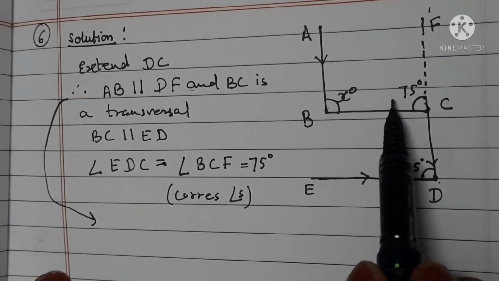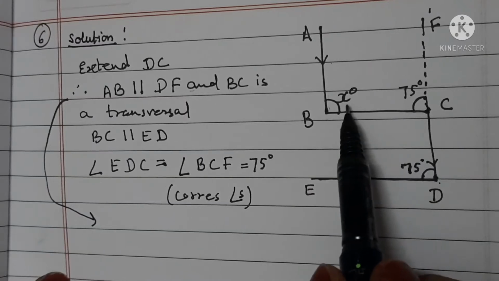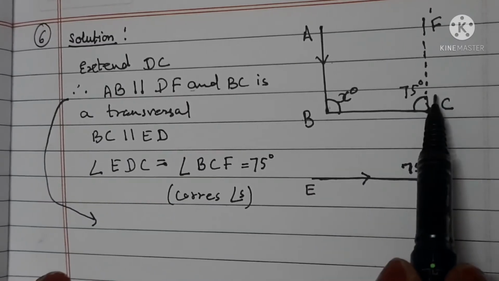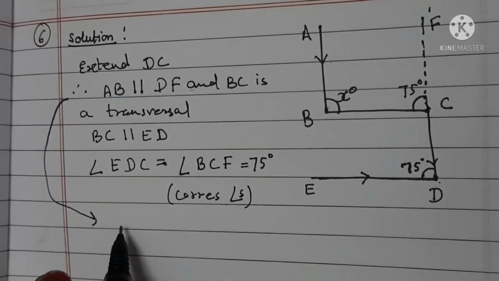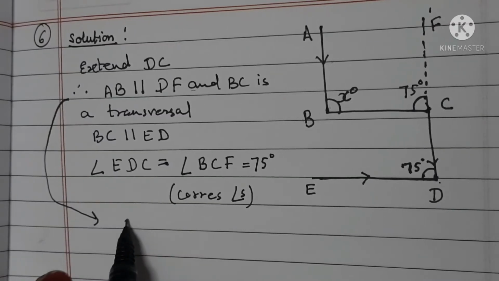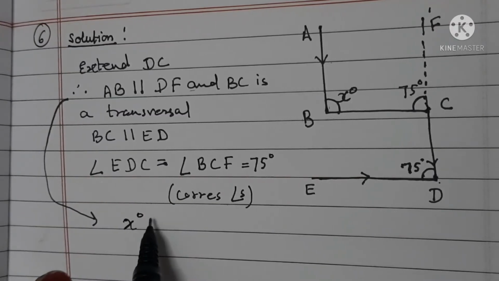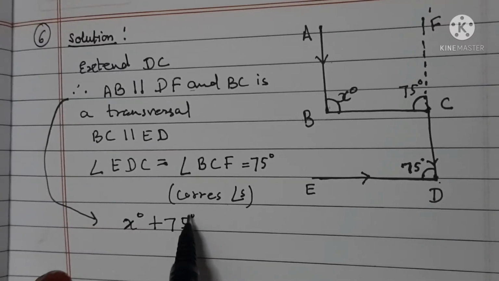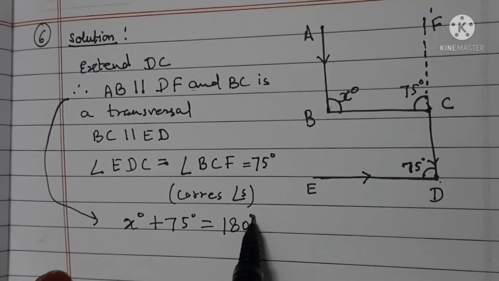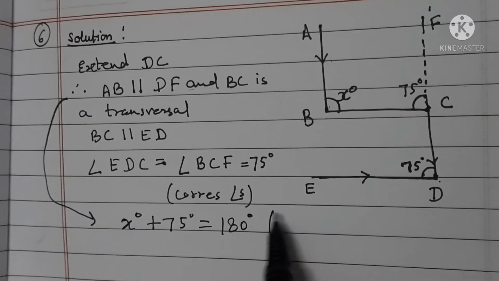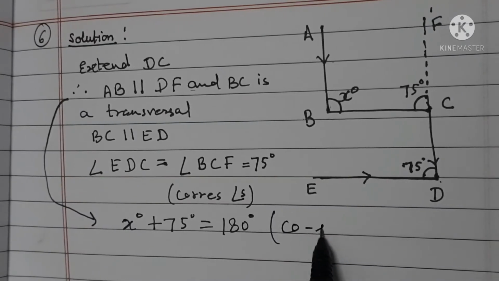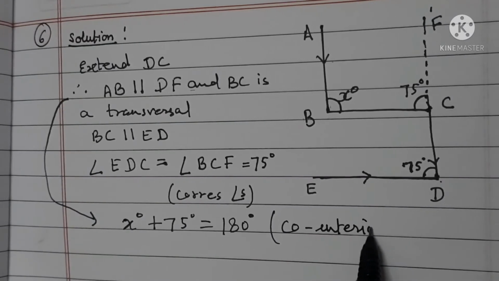So substitute this equation like this, angle x degree plus 75 degree is equal to 180 degree. Okay, now give the reason, co-interior angles.